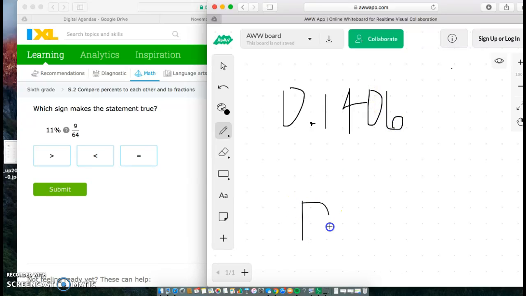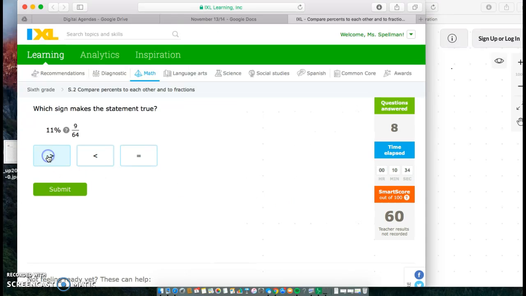Remember our Dr. Pepper method here. If I am going from decimal to percent, which I am, this is a decimal, I want it to be a percent, I'm going to move my decimal point 2 spots to the right. So this is actually 14.06%, which is greater than 11%. Well, 11% is less than 14%.